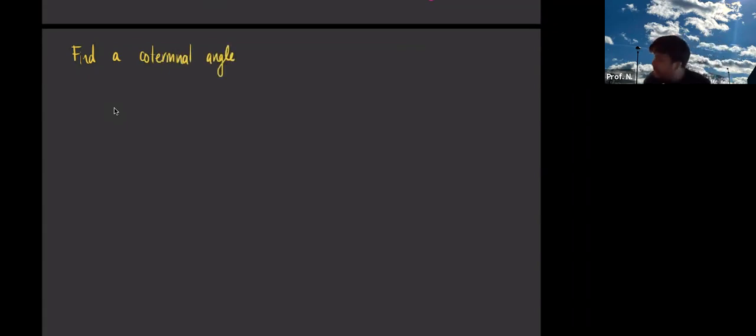All right. So now that we have a better understanding of this, let's do the following. I want to find a coterminal angle that is between 0 degrees and 360 degrees.